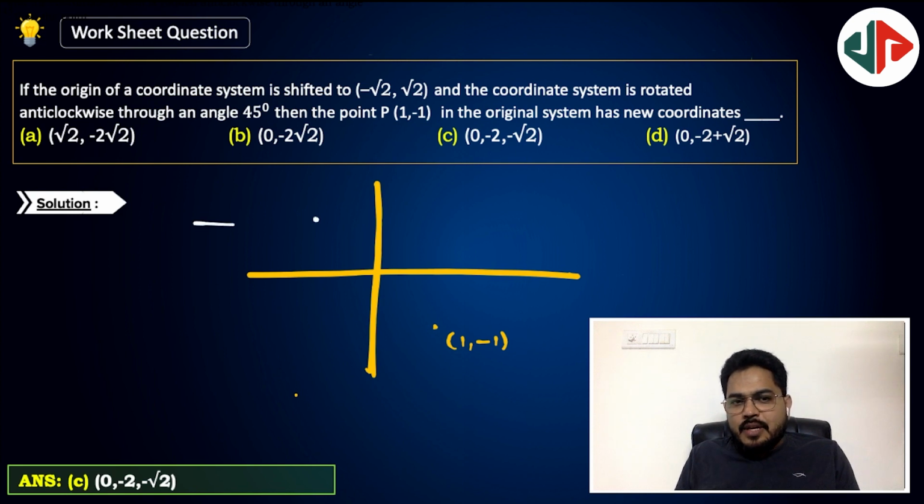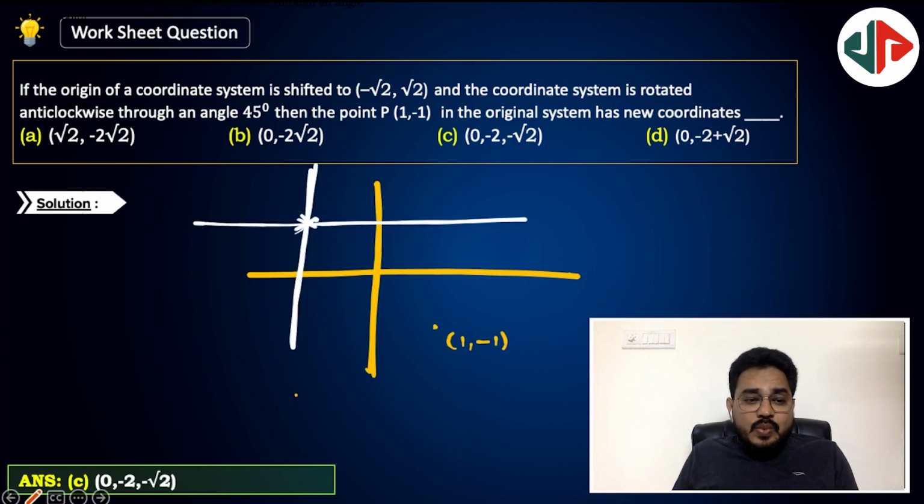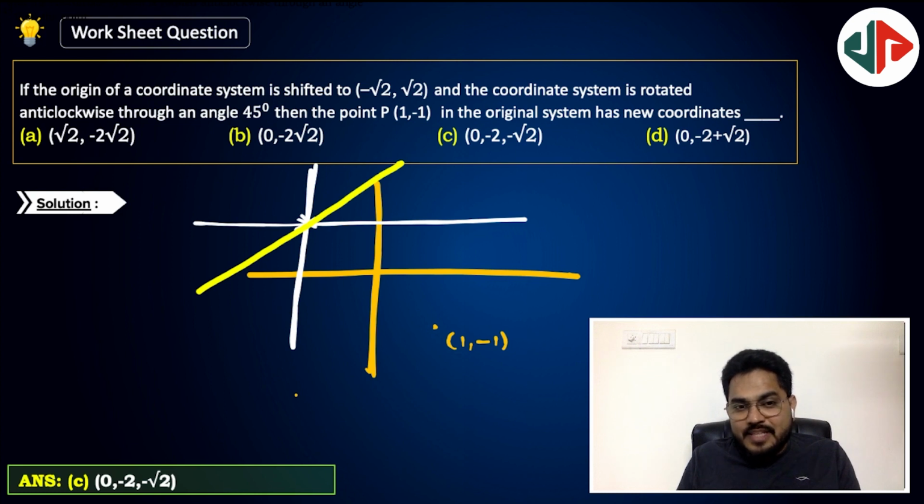After this, I am rotating this through an angle of 45 degrees. But if you look at here, minus root 2 comma root 2, 0 comma 0, all these points are on the y-axis. So this is the y-axis, this is the x-axis.